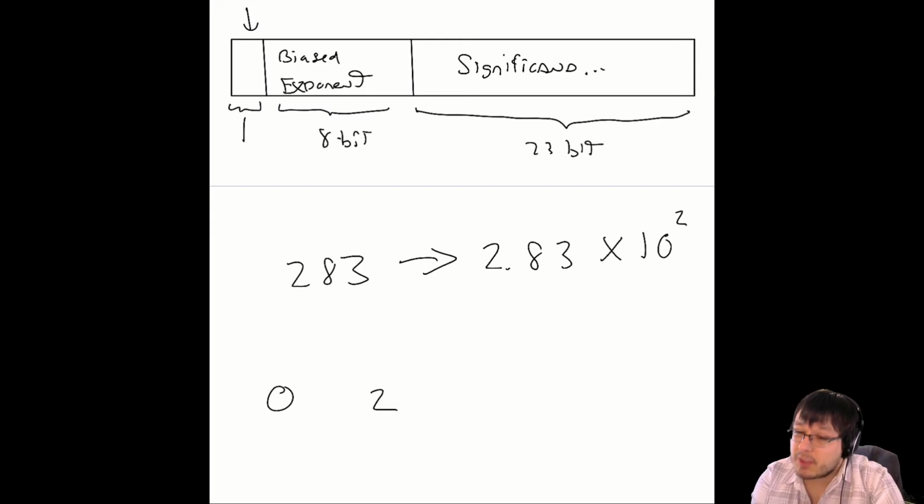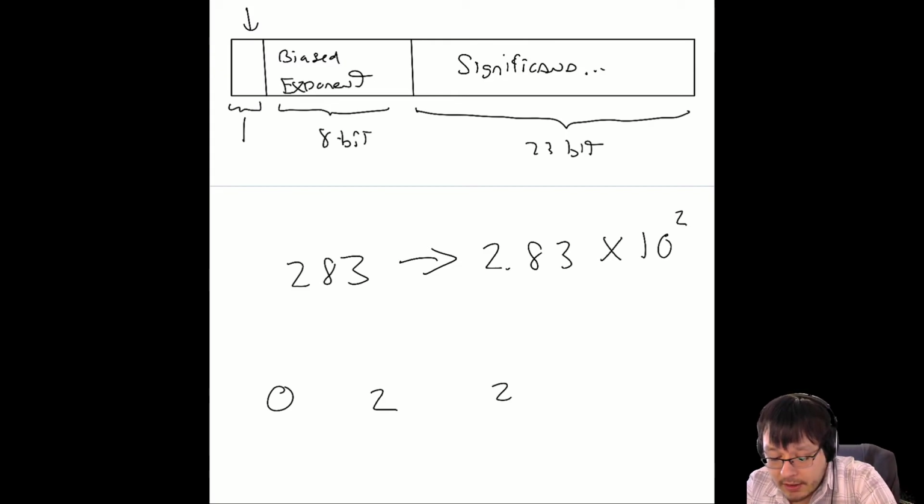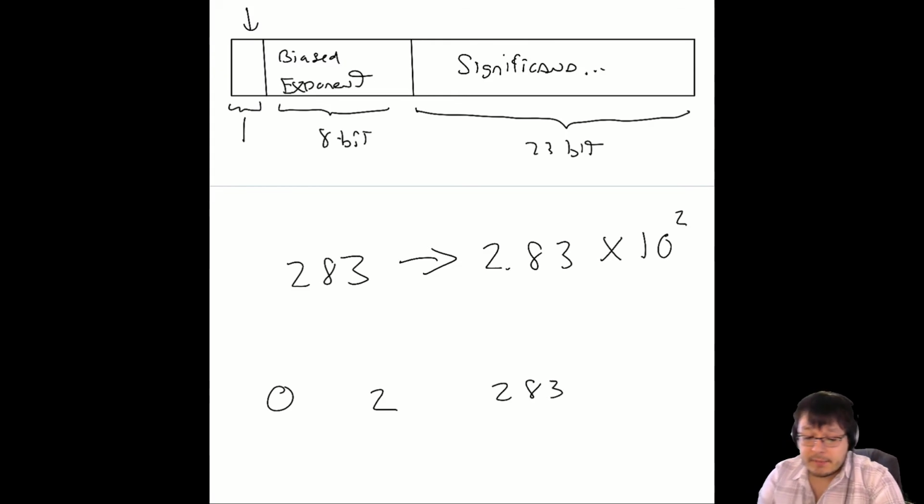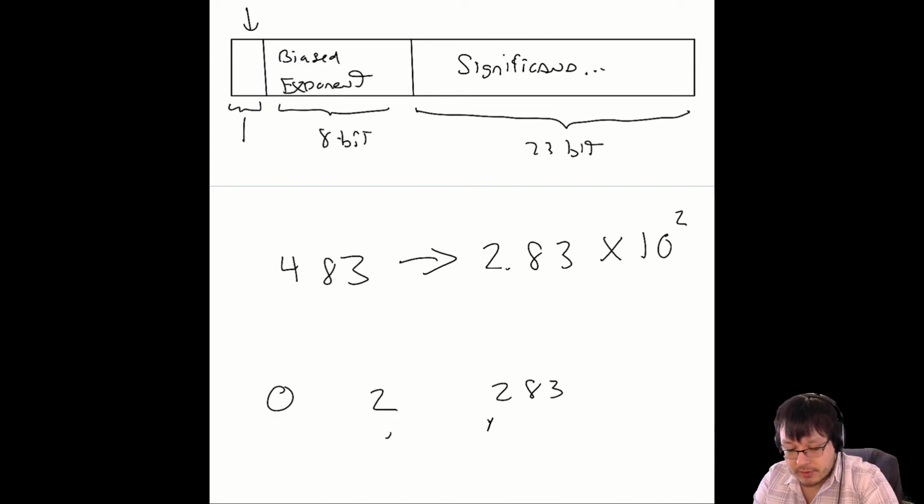Again, we haven't talked about what the bias part is, but if it wasn't biased, then the significand would have a 283. Or, just so you see the difference, let's say this is a 483, just so you don't get confused between this 2 and this 2. So this becomes a 4.83, and then this would be a 4 here.